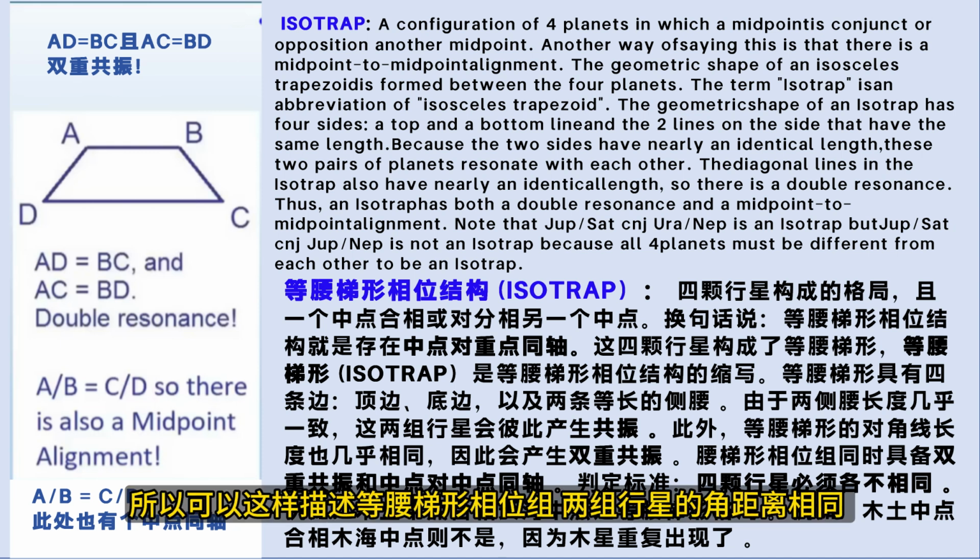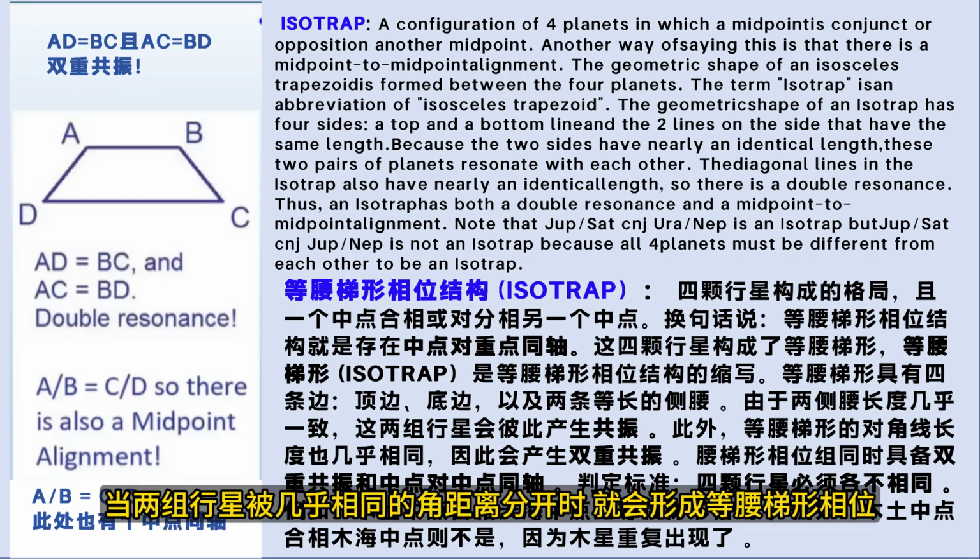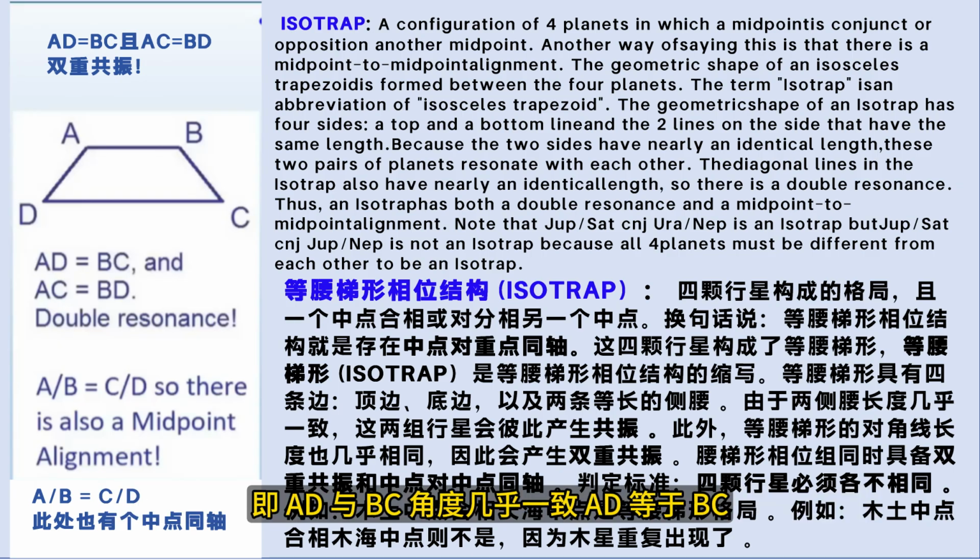So you can describe an isotrap. One way to describe it is that it's when 2 pairs of planets are separated by the same angular distance. Let me say that again. An isotrap occurs when 2 pairs of planets are separated by nearly the same angular distance. So the AD angle is almost identical to the BC angle.